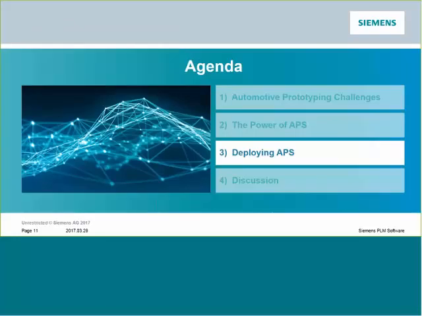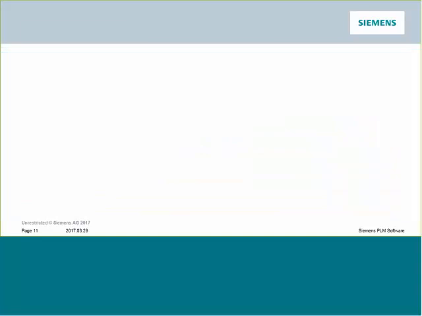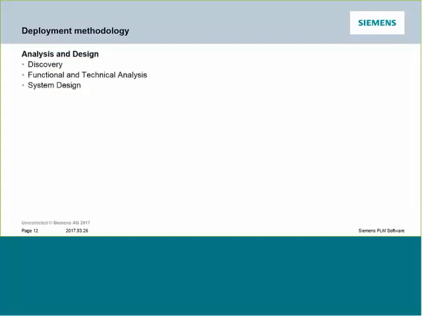I wanted to talk a little bit about the steps involved in deploying an APS system, and those begin with analysis and design. Typically what PMC does is an extended period of discovery of the business processes, of the prototyping processes, of the IT systems surrounding those.